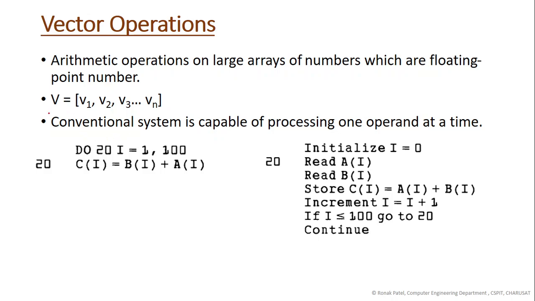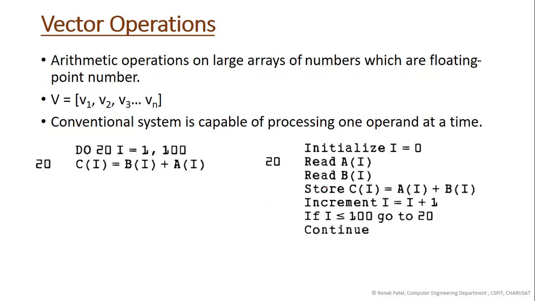This is the vector, assume v1, v2, v3 up to vn are the data. A conventional system is capable of processing one operand at a time. You have seen in the ALU that we perform one operand at a time. Suppose this is the case: a loop with some address or label, I equal to 1 to 100, and I want to do addition of two vectors and store it in C.